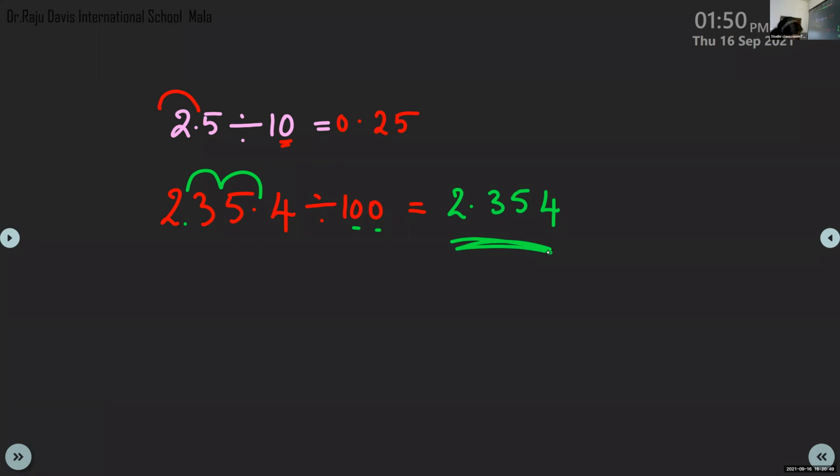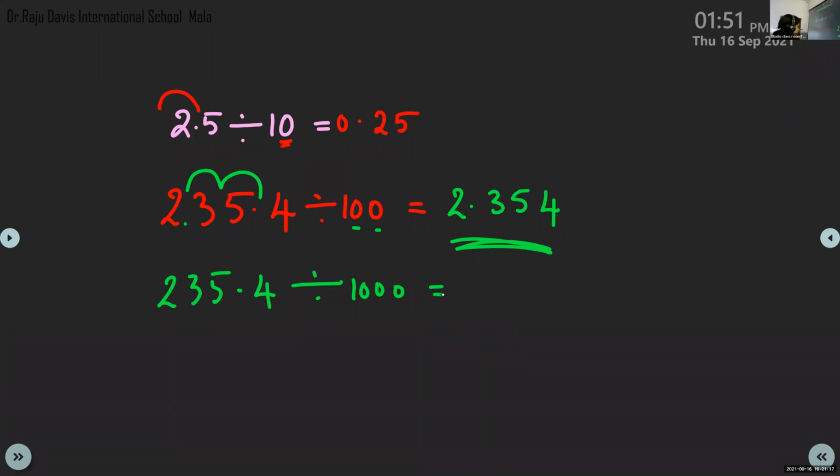Okay. Now next one again. 235.4 divided by 1000. What will be the answer? Ashwin, say. Ma'am, 0.235. Yes. So you've shifted, isn't it? Okay. Fidel, can you tell me? 0.2354.